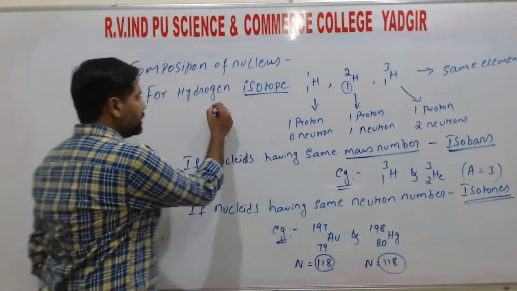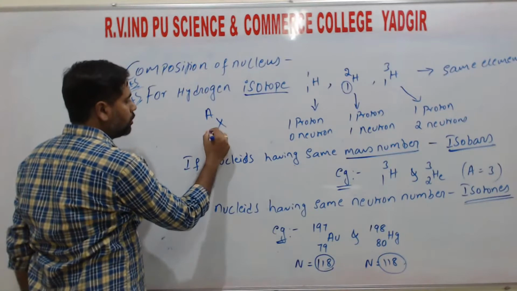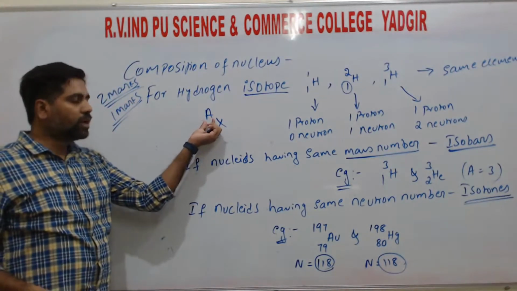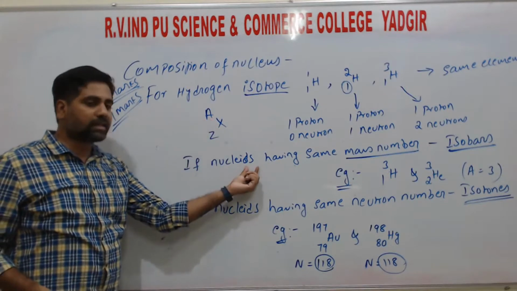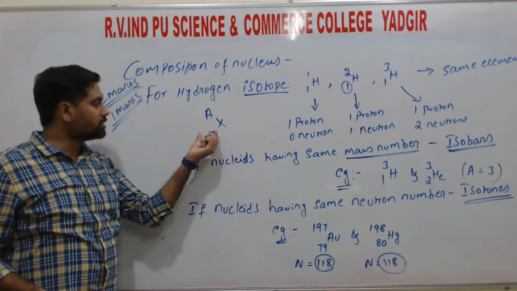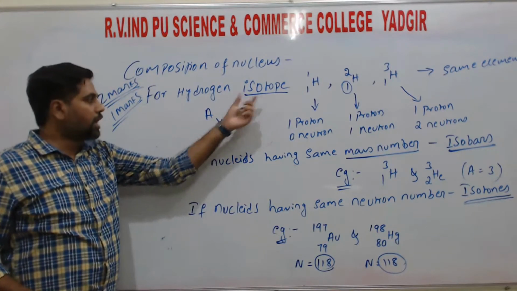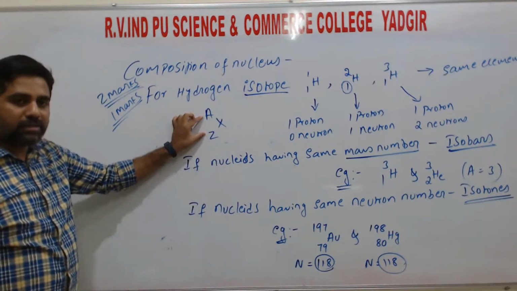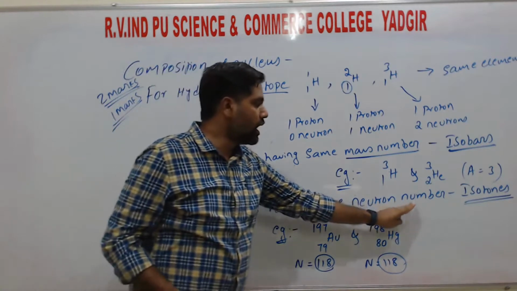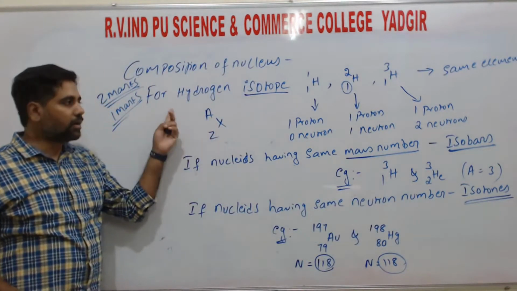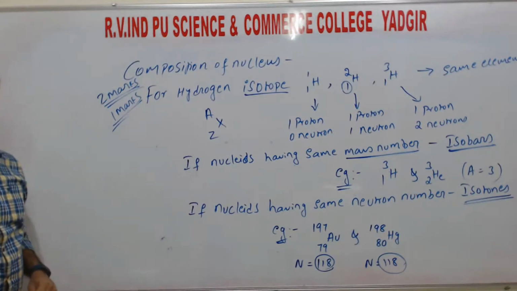In A X Z, if we have the same A value, that one we call isobars. If we have the same Z values, then we call that one isotopes. And if the difference A minus Z is the same, that one is isotones, right? So here we have three values and three definitions.